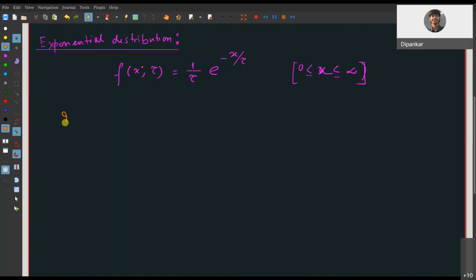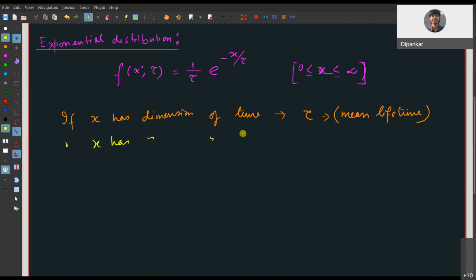If x has a dimension of time, then usually this tau is called the mean lifetime of the substance that decays. Or if x has a dimension of length, then tau is usually interpreted as the average range of the particle beam that you are considering.